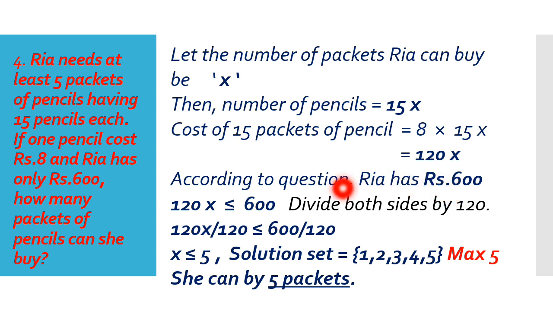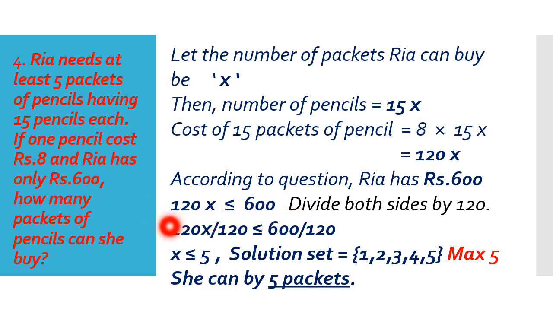So this 120x is the assumed cost, that means when the number of packets is x. Okay, so 120x is the cost, and this will be less than or equal to 600, because Ria has only 600 rupees, so we can't take more than 600.